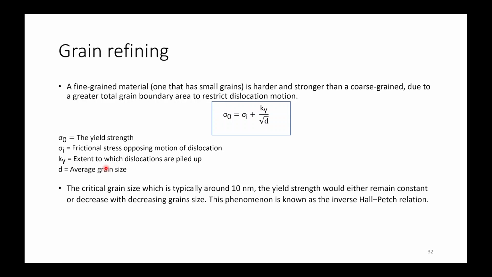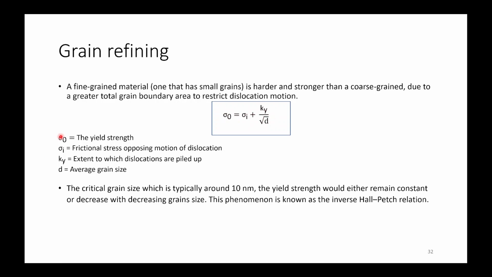Now first process is grain refining. So a fine grained material, one that has small grains, is harder and stronger than a coarse grained one due to a greater total grain boundary area to restrict dislocation motion. So sigma naught is equal to sigma i plus ky upon root d.